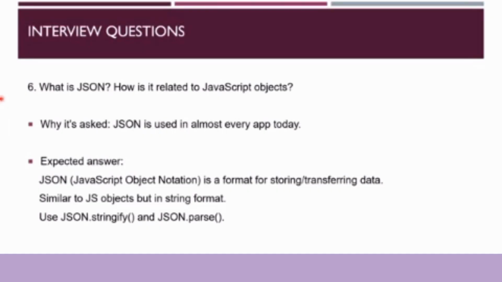The JSON.stringify method converts a JavaScript object into a JSON string so it can be sent over the internet. And second is the JSON.parse method. This converts a JSON string back into a JavaScript object so we can use it in our code. So JSON is very important because it lets different programs share data in a standard way, and it's used in almost every app today.